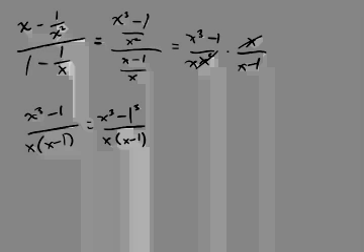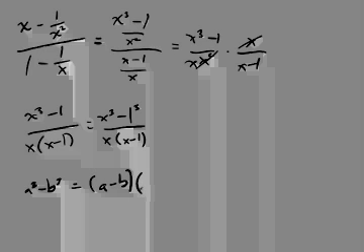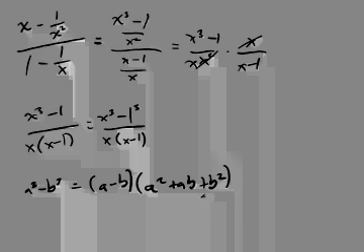This is a special case. It's known as the difference of cubes. Anytime you have a value, say a to the third minus b to the third, it can be represented as a minus b times a squared plus ab plus b squared.